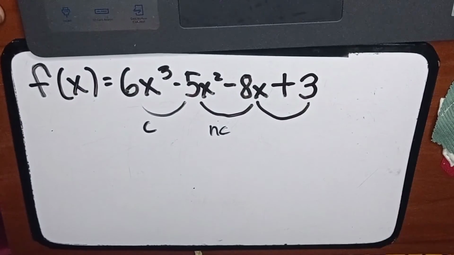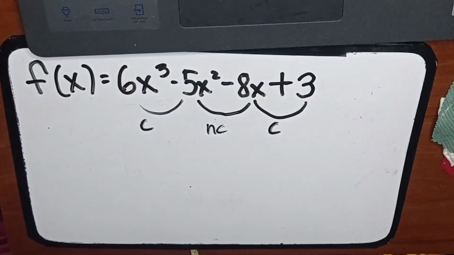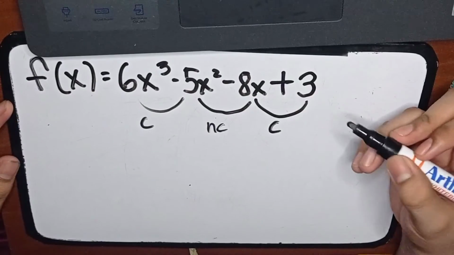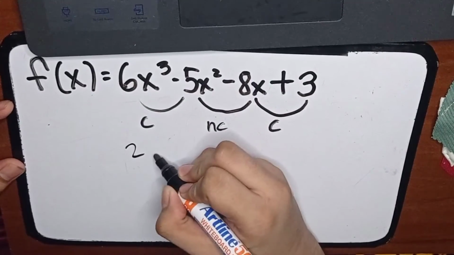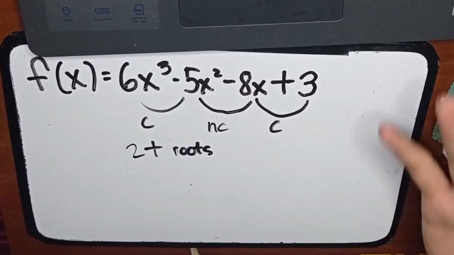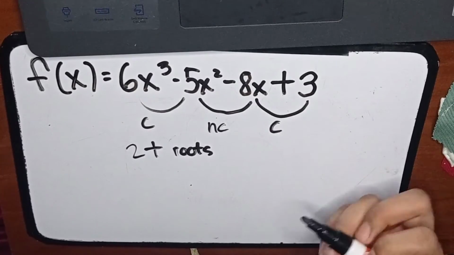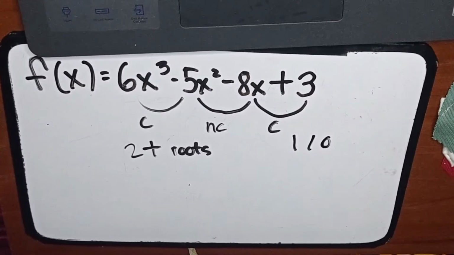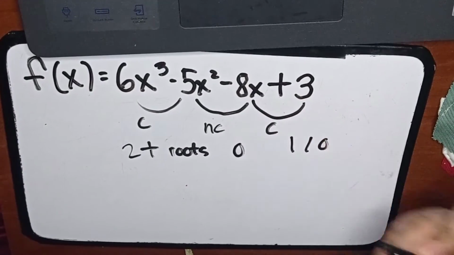And from the third term down to the constant, there is also a change in sign. So there will be 2 positive roots. But take note, since there is a loophole, we continue subtracting 2 until it reaches 1 or 0. So minus 2 from the two positive roots, meaning the other possibility is 0.